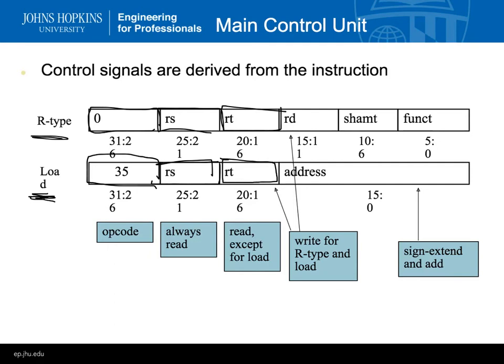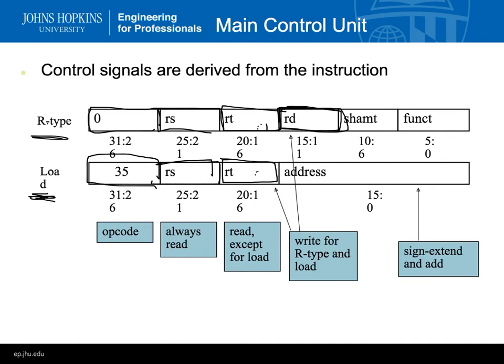So we're going to see some control signals about whether this is something to be read or something to be written. And for a load, that register is going to be written because that's where the result's going to go. So we're going to write a register for both of these, but somehow we have to give it the control signal to indicate which register, which bits indicate the register to be written.